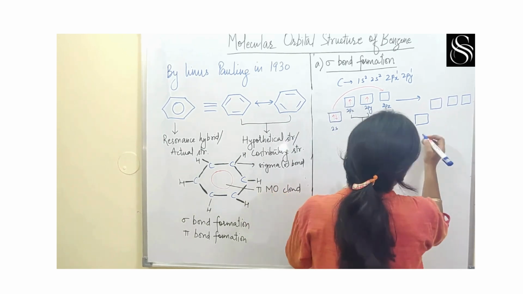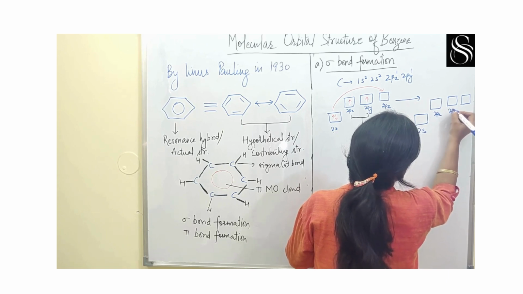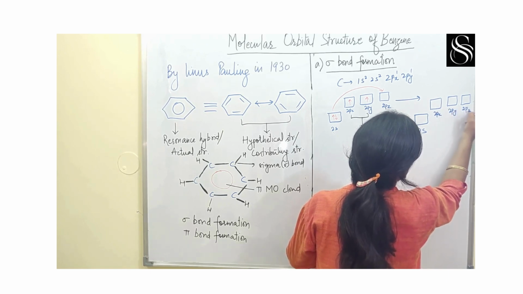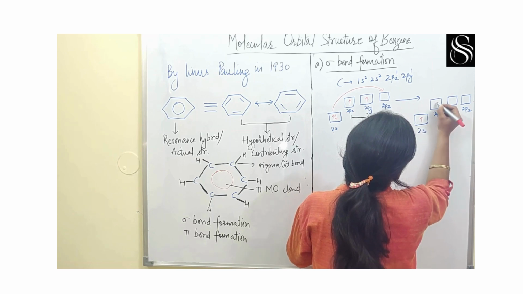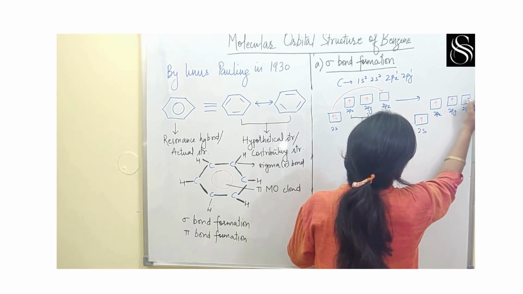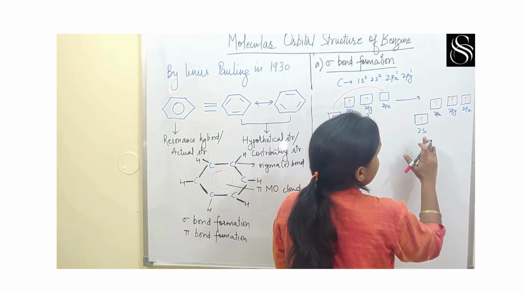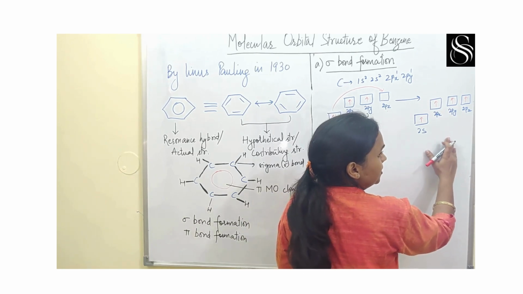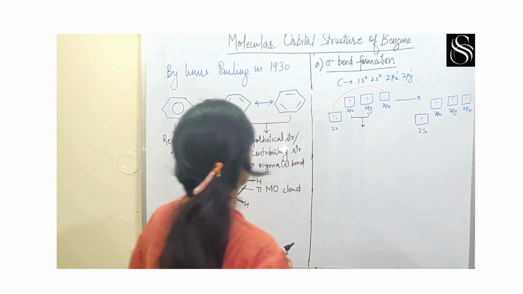So this is the 2s orbital, this is 2px, 2py and 2pz. Now each orbital contains 1 electron. So now the carbon has 4 unshared electrons to form bonds.